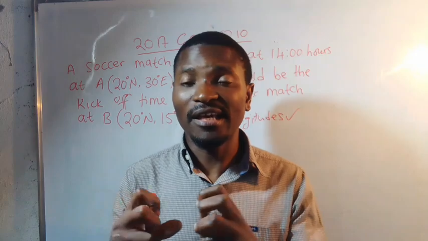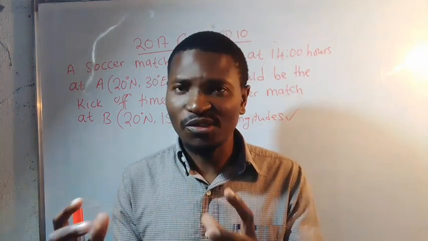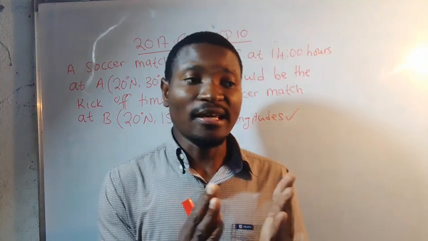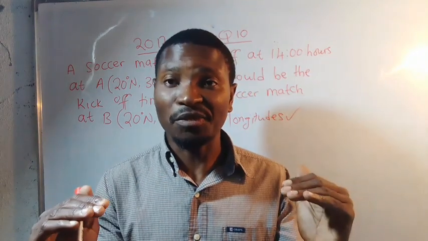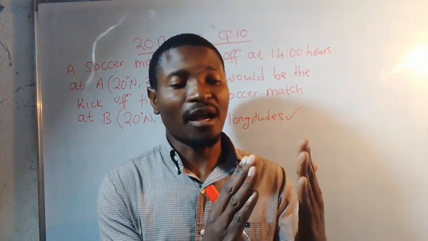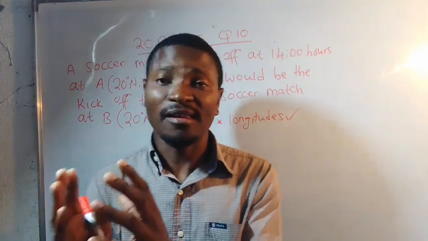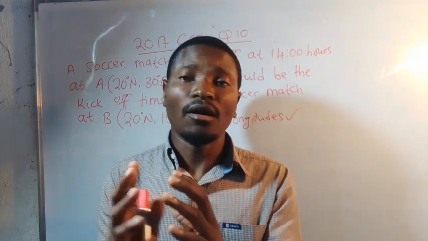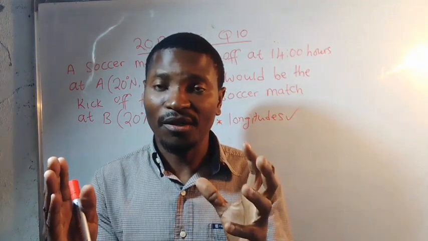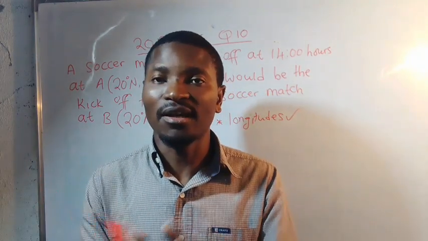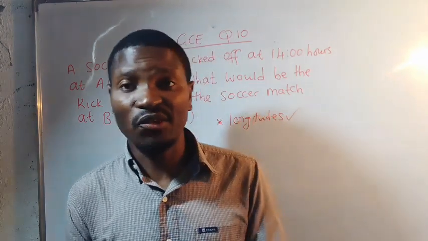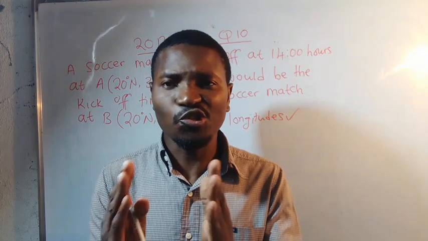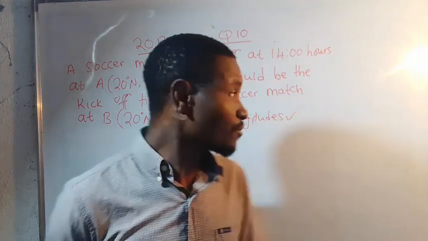What that means is that we have an establishment of how many hours the Earth takes when it moves or makes a particular angle. How many hours does the Earth cover in maybe 15 degrees, in 30 degrees, and so on and so forth. So you need to have that kind of concept.